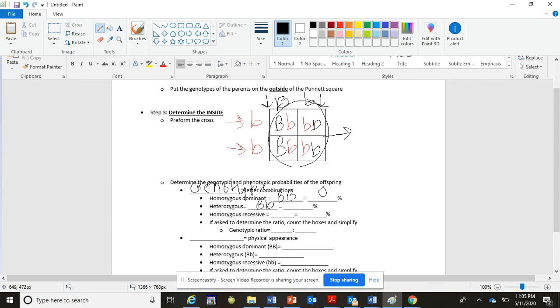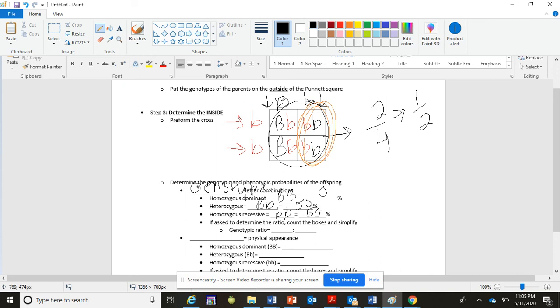What percentage of our boxes have one of each? Well, we have 2 out of 4 boxes, which is the same as 1/2, and we know that 1/2 is 50%. Homozygous recessive is 2 lowercase letters, homo, same, recessive, little, so 2 lowercase letters. And 50% of the boxes are homozygous recessive.